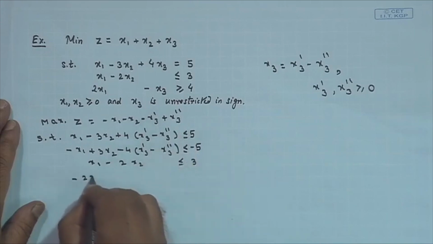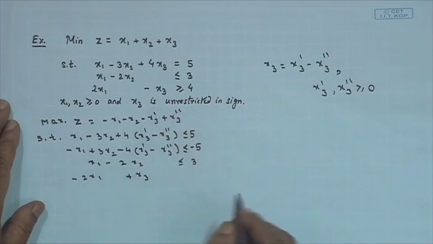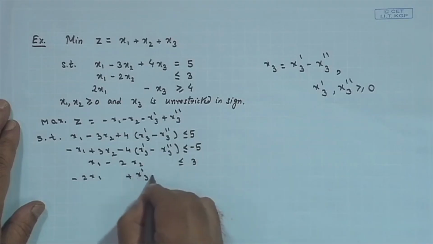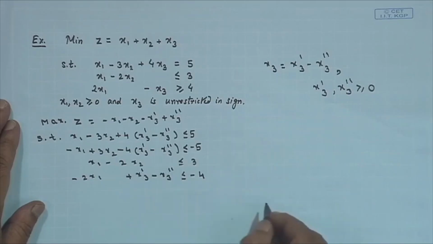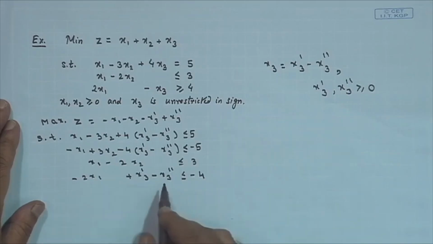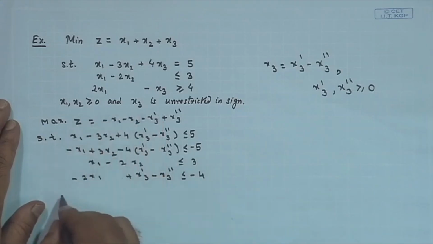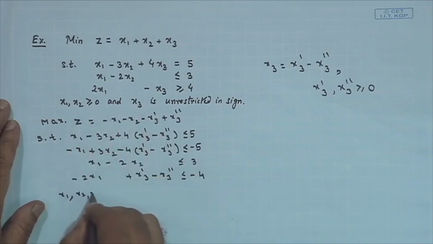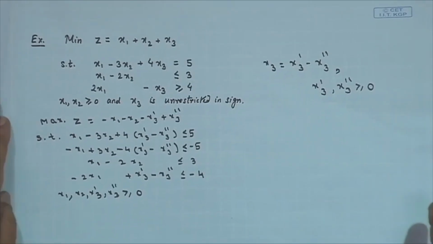So minus 2x1 plus x3 dash minus x3 double dash, which is less than or equal to minus 4, and of course x1, x2, x3 dash, x3 double dash are greater than or equal to 0. So this is the problem in the canonical form.